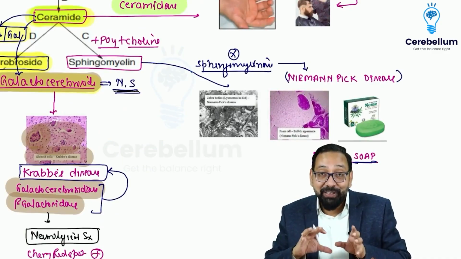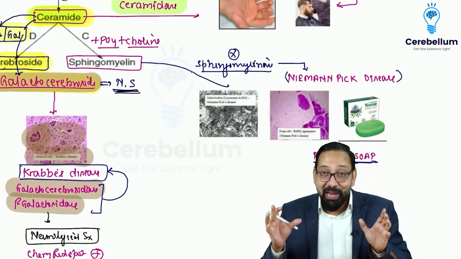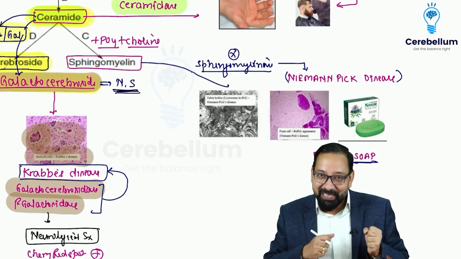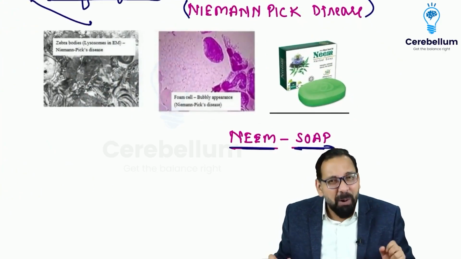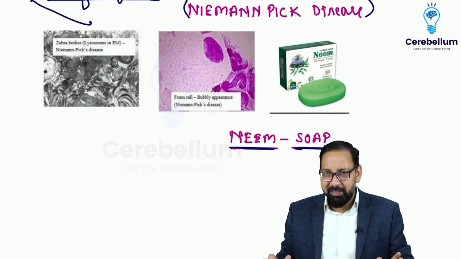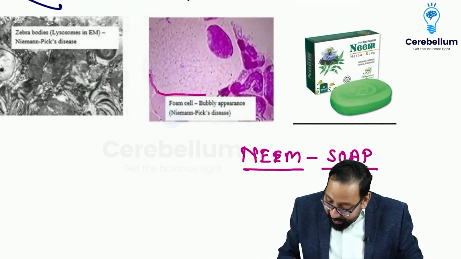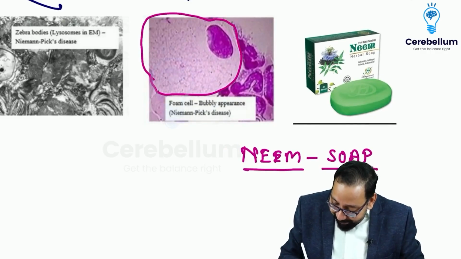Yes, if you take the neem soap of Baba Ramdev, which is very strong, when you take a bath, you will find a bubbly appearance, foamy appearance. If you take a bath after such a long time during winters, the bubbles would not be so clear, so nice. This is bubbly appearance, foamy appearance.